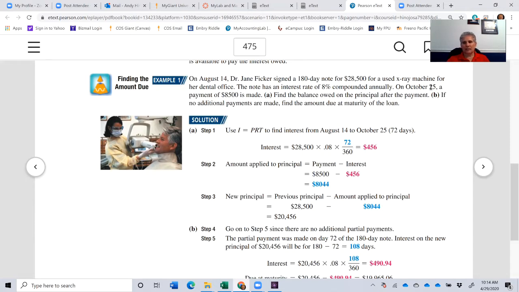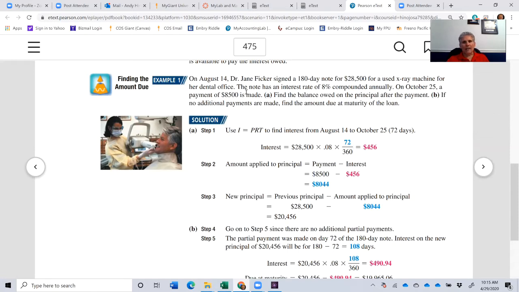This is something we've covered in previous chapters. There's a table we could use, but you can compute that out. And so between August 14th and October 25th, there are 72 days, okay?